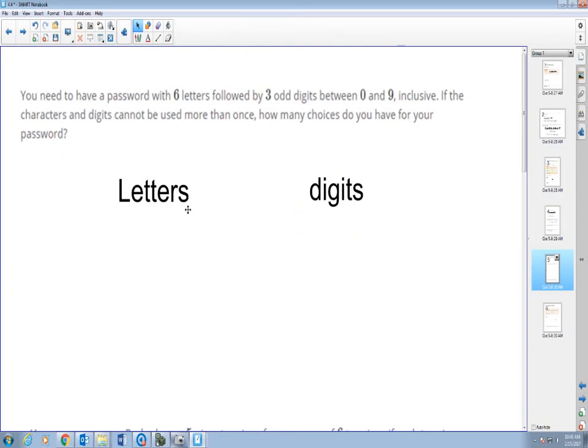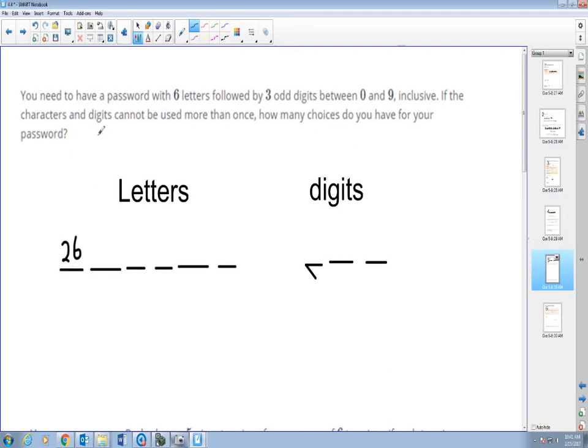It seems like there are 2 tasks, but there are actually more than 2, because for the letters alone I'm going to pick 6 of them: 1, 2, 3, 4, 5, 6, followed by 3 digits: 1, 2, 3. So how many letters? Before I pick the first letter, how many can I choose from? 26.